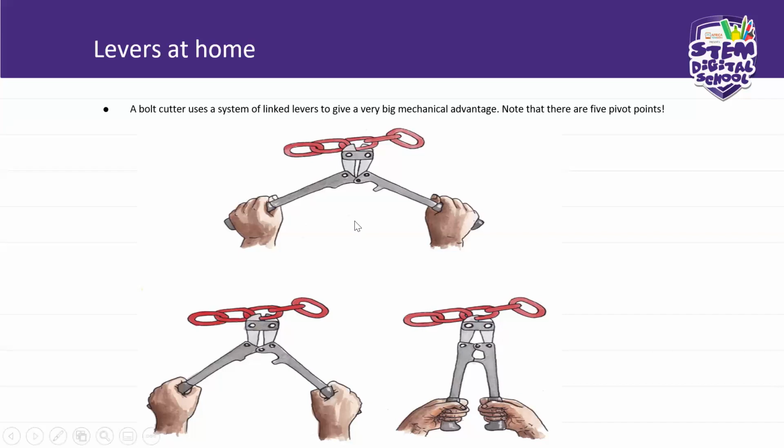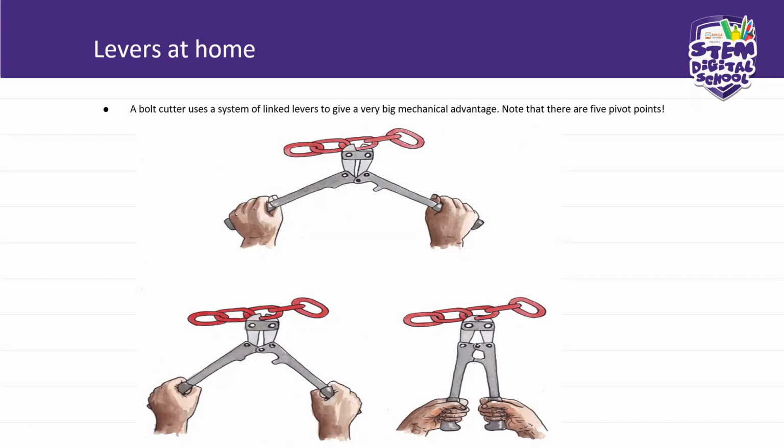Even the pair of scissors is a little bit complex because it's a combination of 2 levers, okay? So here you have 5 pivots as well. It's a little bit complex. So this is just to clarify that it's not always that you will find application of a lever system in the standard way that I have shown you in the previous slides, that you just have pivot here, load, and effort there.